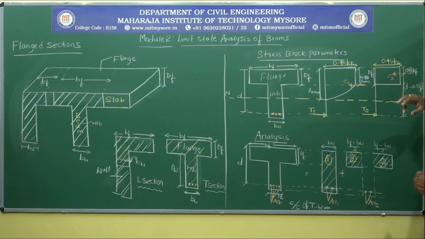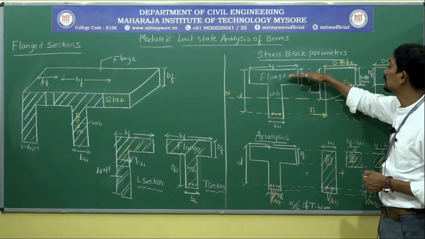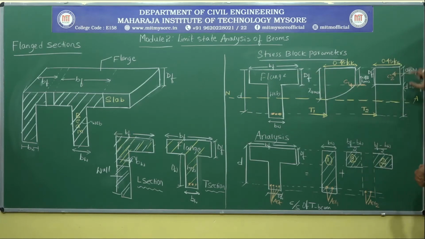One more compression force, C2, will lie exactly at the center of the flange. Hence, the depth of C2 will be 0.5 DF. The compression force C2 will be acting exactly at the middle, that is 0.5 DF, and once again this remains the same, 0.45 fck.